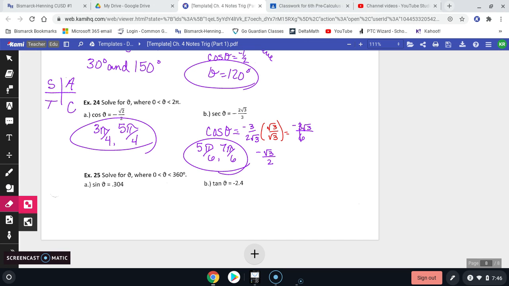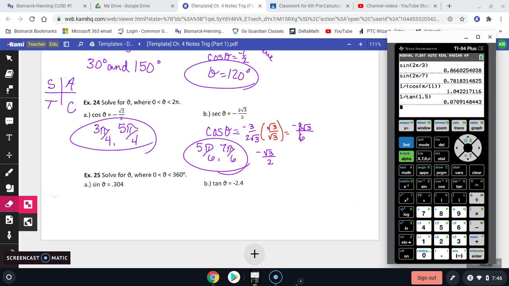Again, we switch back to degrees, so get your calculator out again. Now remember, I was in radians before, so I need to go to my mode and switch to degrees. Okay, so here we can go inverse sine.